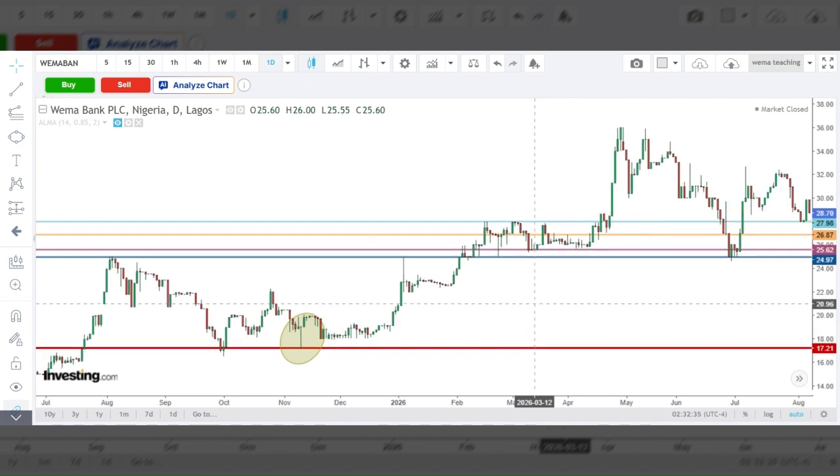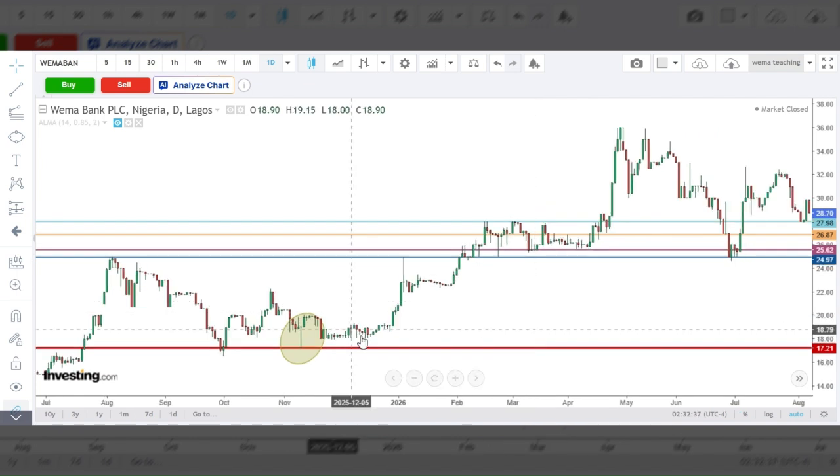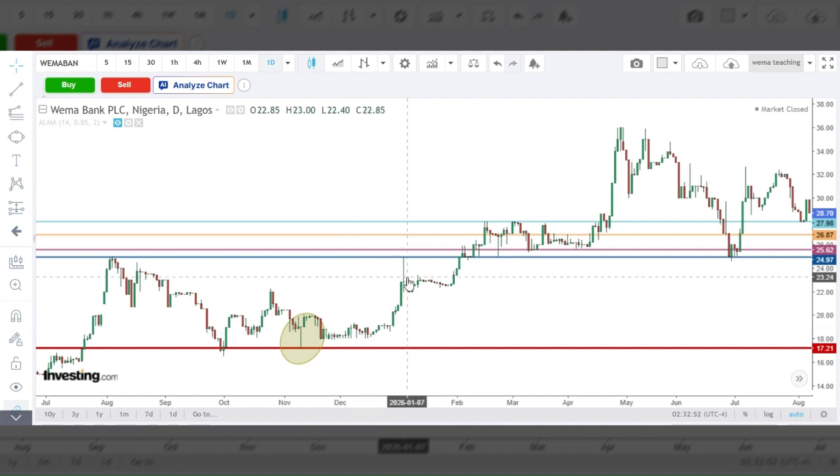As you can see, even when it came down and consolidated, this is where buyers actually bought into value at 18 naira 25 kobo. This is the accumulation stage, before it went on this brief markup stage.